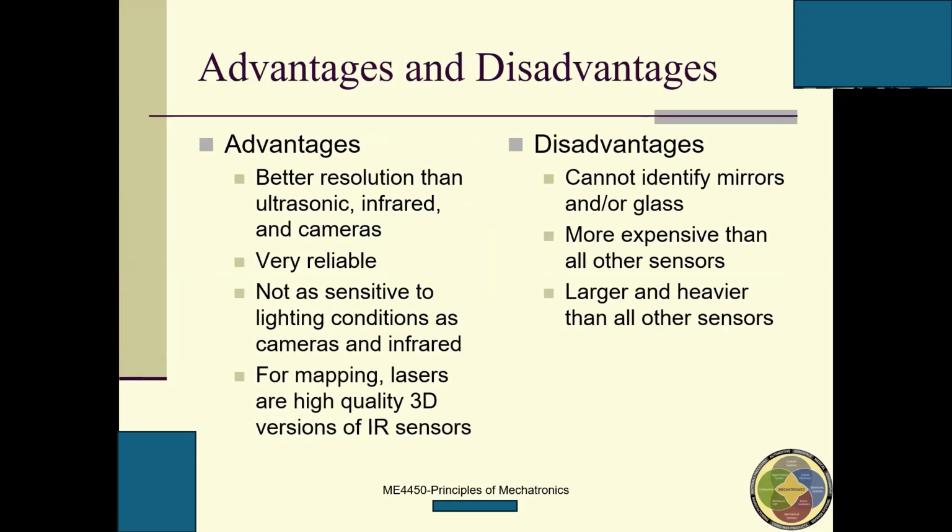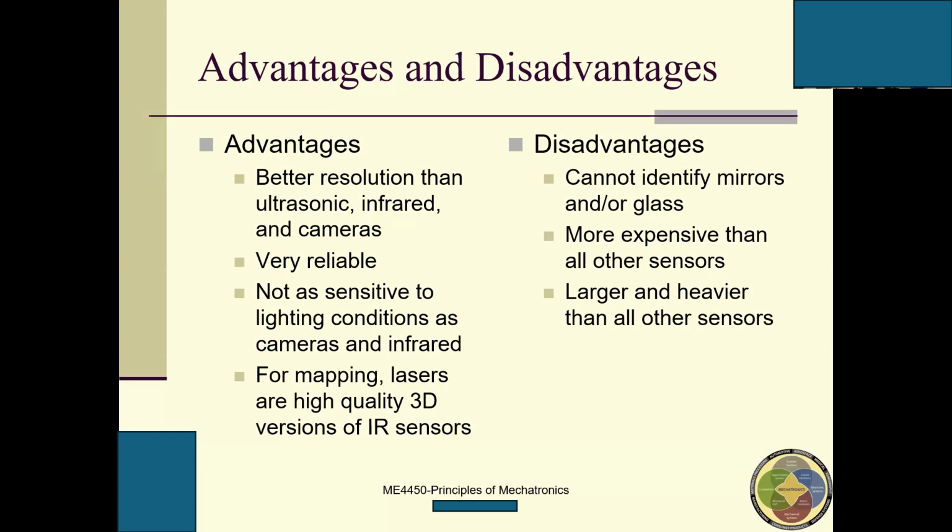Advantages for laser: better resolution than ultrasonic, infrared, and cameras, very reliable, not as sensitive to lighting conditions as cameras and infrared. And for mapping, lasers are high quality 3D versions of IR sensors. Disadvantage: cannot identify mirrors and glasses. Why?